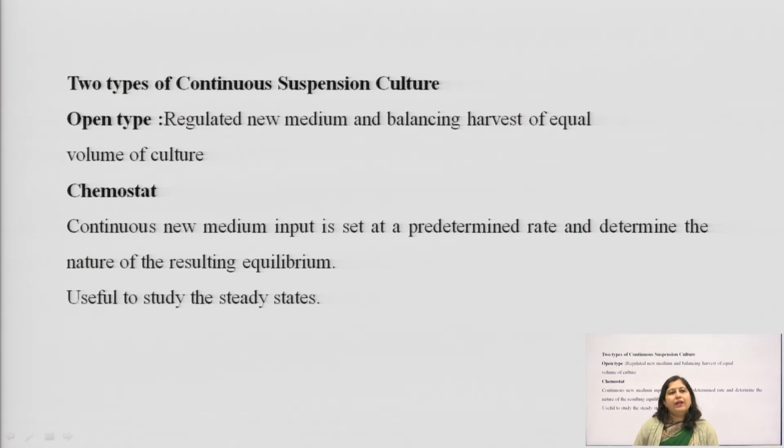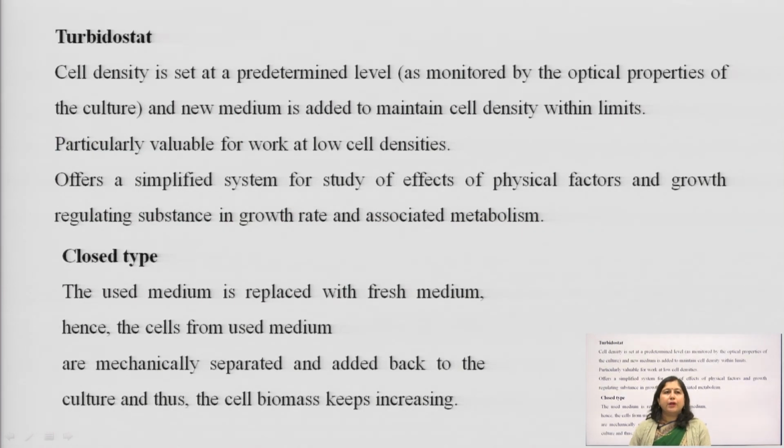It is again of two types, one is the open type and another is the closed type. In the open type we have two types. One is the chemostat, where we can continuously check what different chemicals are present in the sample, and depending upon that we can regulate new medium and balance the harvest of an equal volume of the culture. It is useful to study the steady states of the plants.